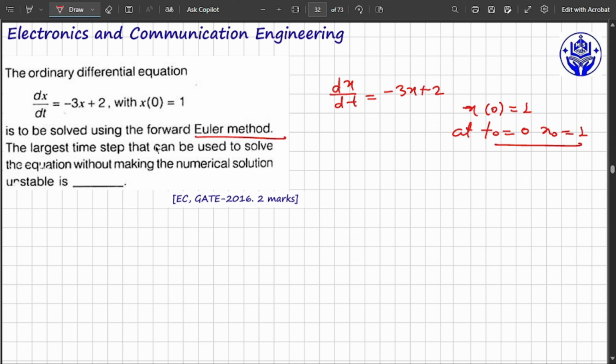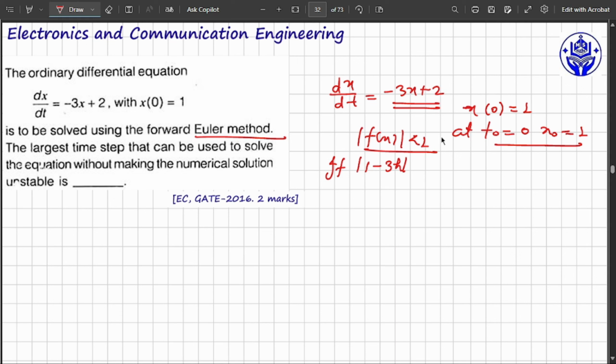Here the meaning is: what is the largest time step? While solving with Euler's method, mod of 1 minus 3h, which comes from f of x, should be less than 1. That gives the largest step size. Otherwise the numerical solution will be unstable.